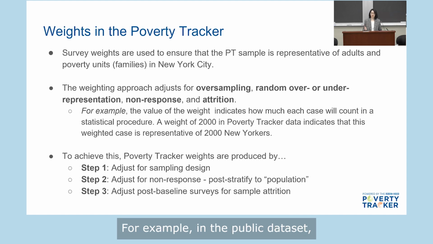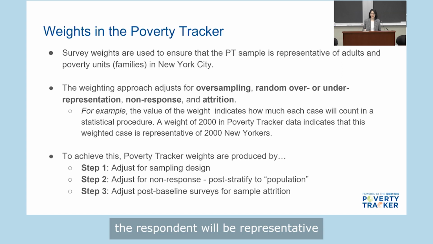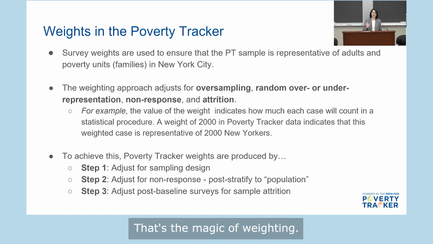For example, in the public data set, you might see a weight of 2000. What that number means is that when you apply that weight to the respondent, the weighted respondent will represent 2000 New Yorkers who share similar characteristics. So that's the magic of weighting.